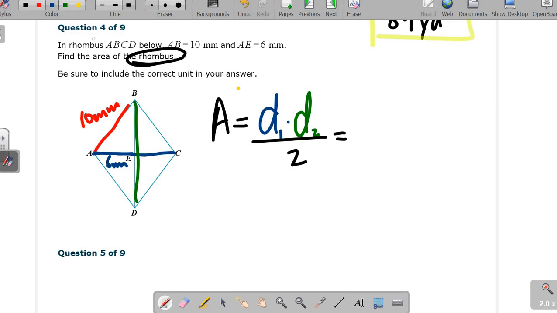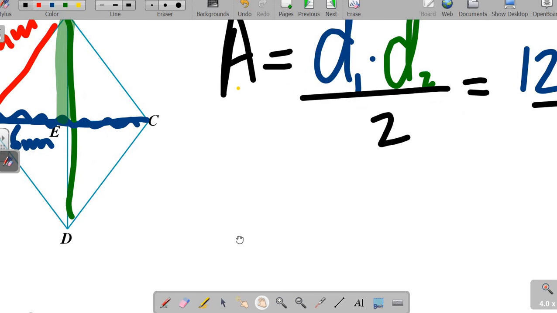Problem is, one diagonal I have is 6 plus 6, which is 12. The other diagonal I cannot quite get yet because I'm missing a piece here. So diagonal times diagonal over 2. Take a very close look here.